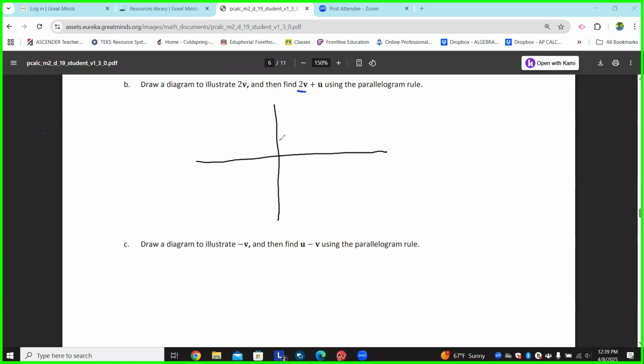To graph 2V, the way you have to do this graphically is graph V first. What was V again? Okay, so you go 1, 2, 3, 4, 1, 2, 3. So you start there with your first V. And then from that V, you graph another V. So 1, 2, 3, 4, 1, 2, 3. That will then produce 2V.